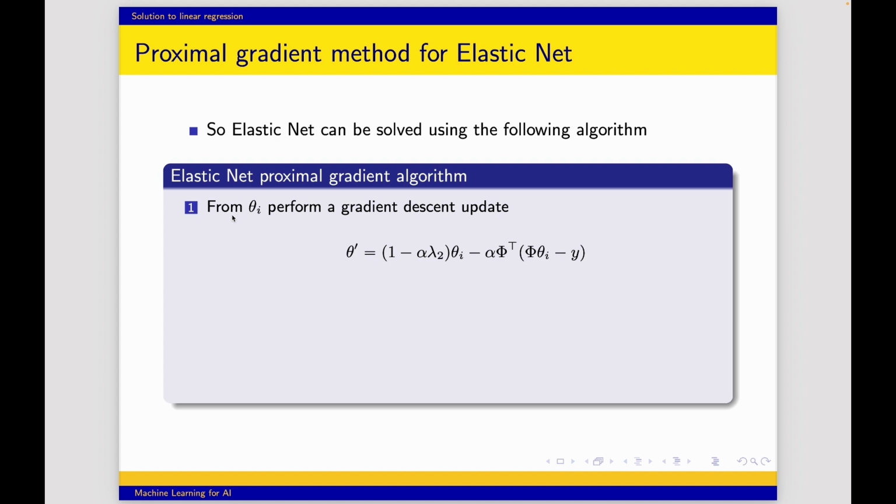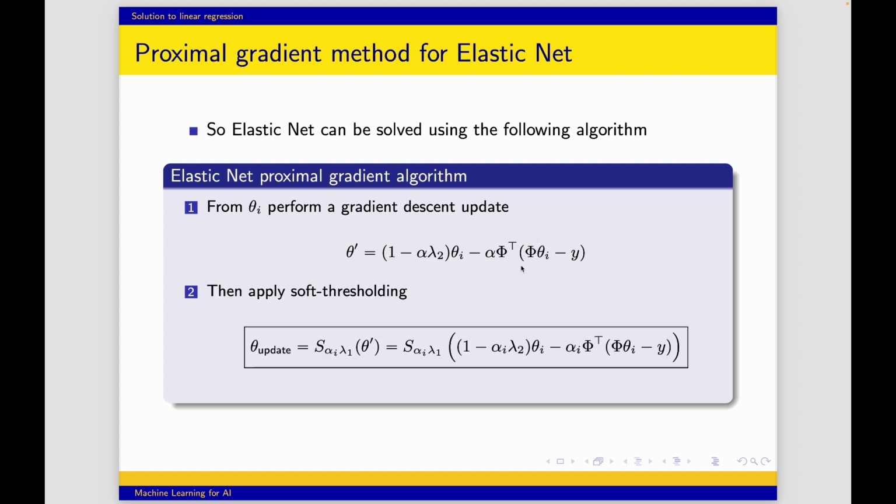The first step involves starting at theta I, performing a gradient descent update to get, let's say, a half step theta prime equal to this. Then we simply pass that through our soft thresholding operator with some parameter alpha I, and with our lambda now equal to lambda 1.